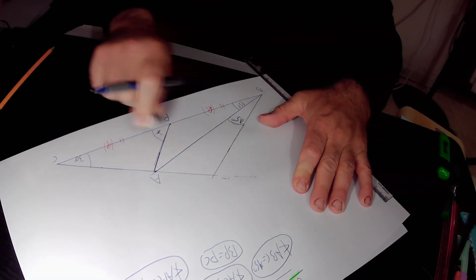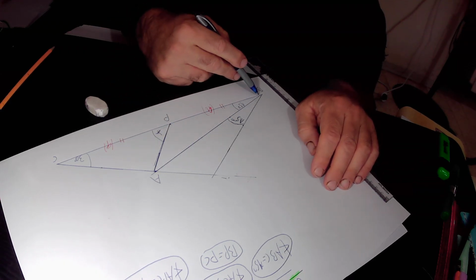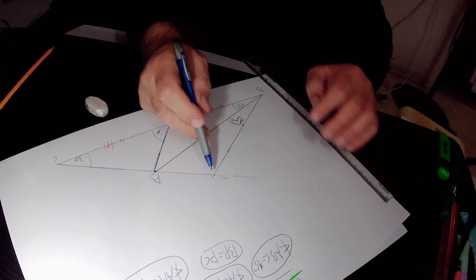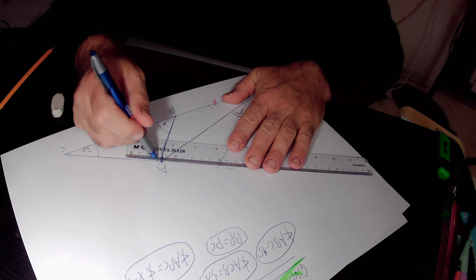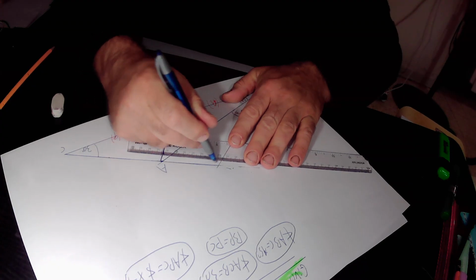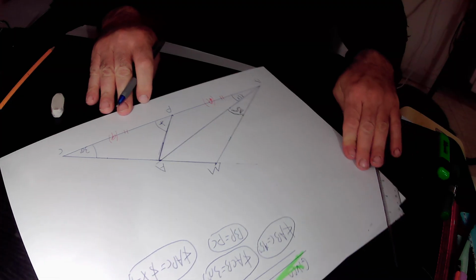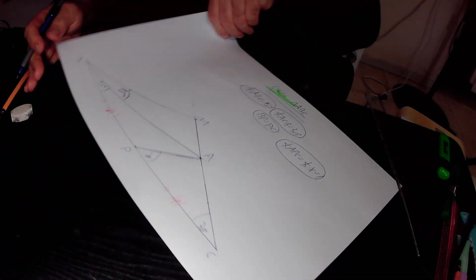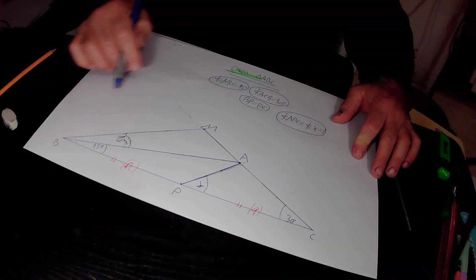We define the touching point of the extended side CA with this extended leg. This point is point M. By doing this construction, we created the associated triangle BMC.